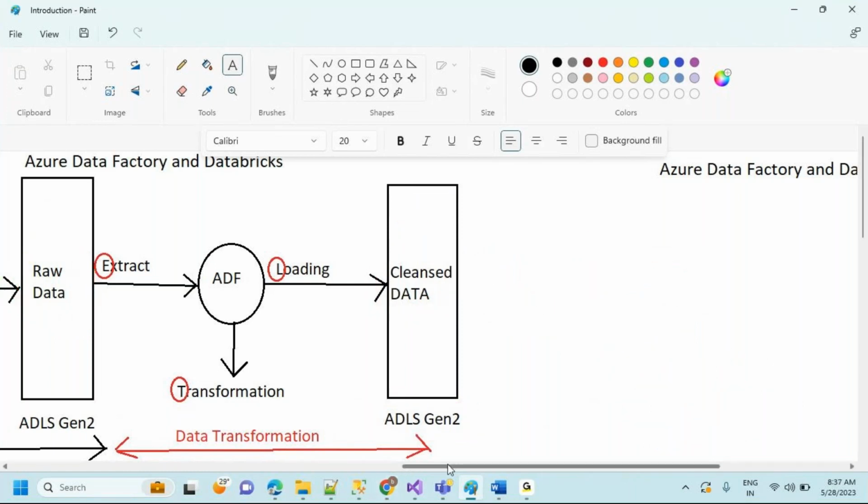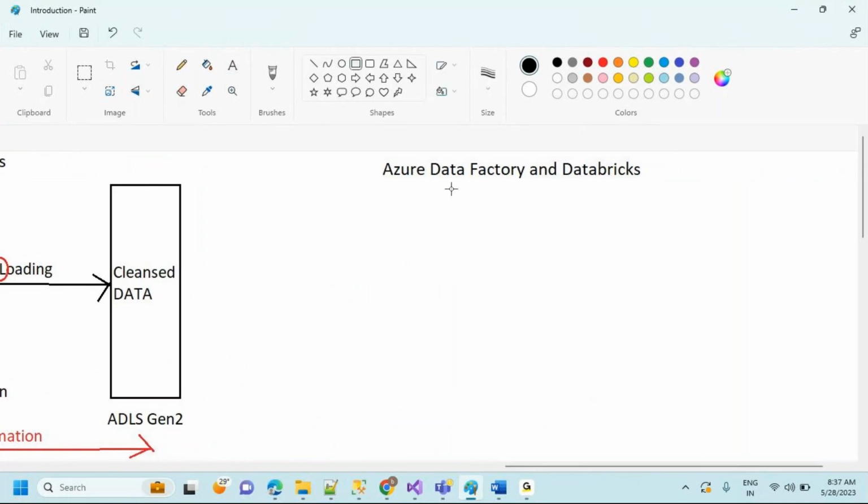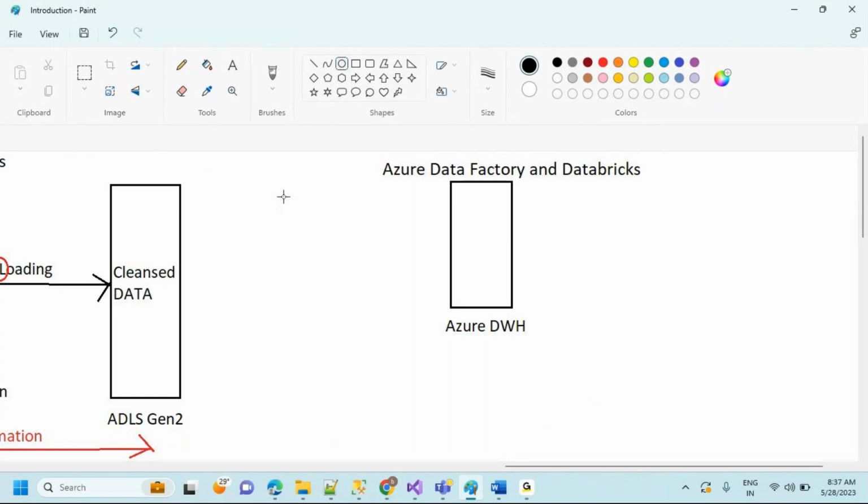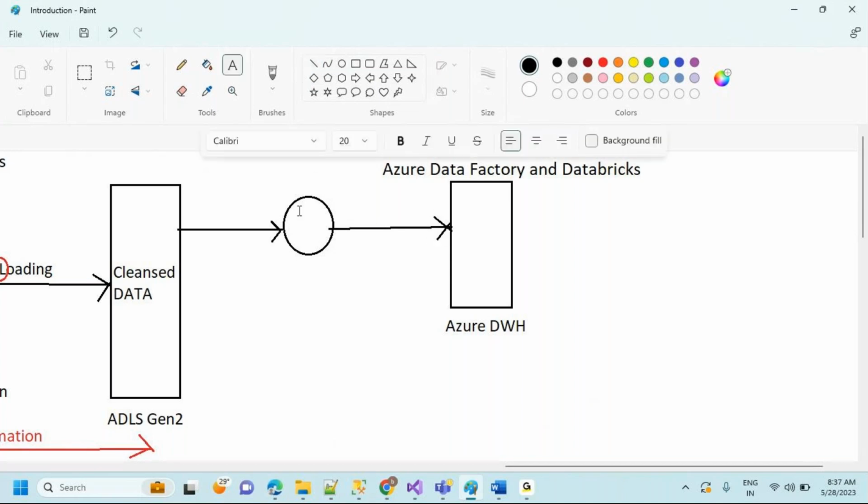Okay, so from here data will go to the Azure data warehouse. To load the data into Azure data warehouse, again you can use the data factory. This is one of the options.